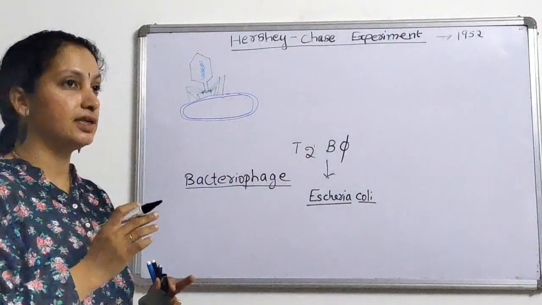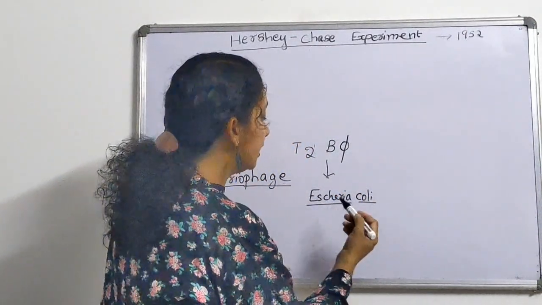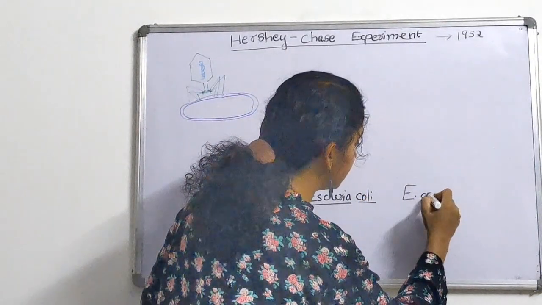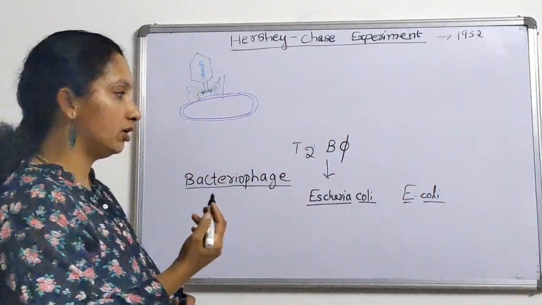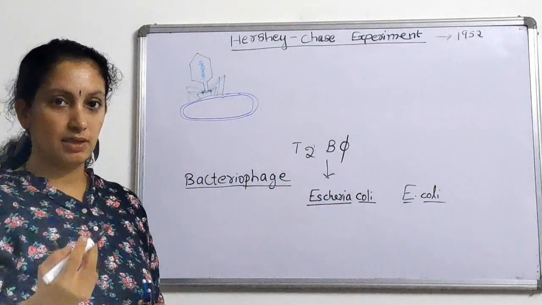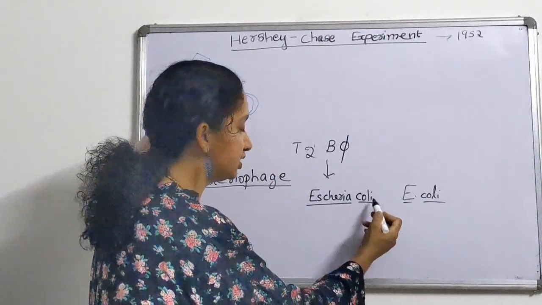Most of the experiments in genetics are carried out in this bacterium. It's known as E. coli, or we can write in short form E. coli. Escherichia coli or E. coli. So T2 bacteriophage is the name of the virus which infects the bacterium Escherichia coli.